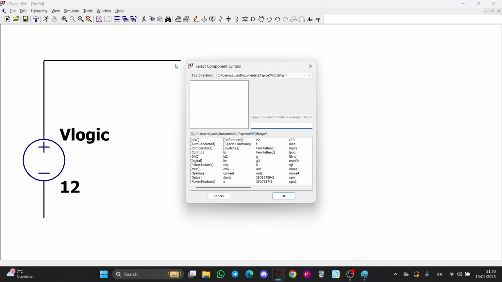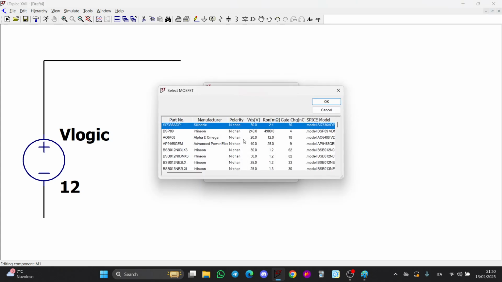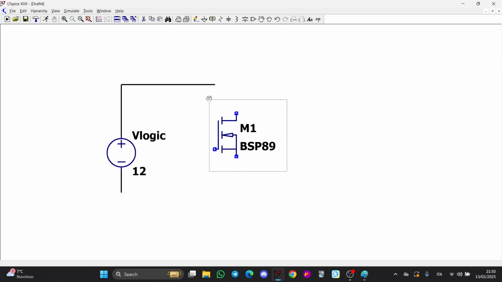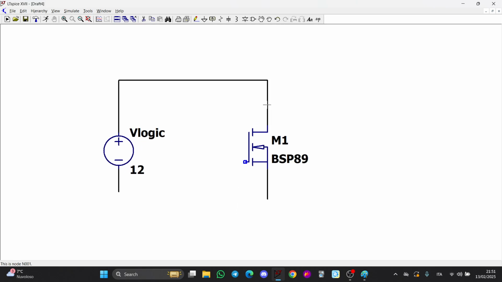Now let's use the MOSFET. I guess that we can use something like this for a level shifter.